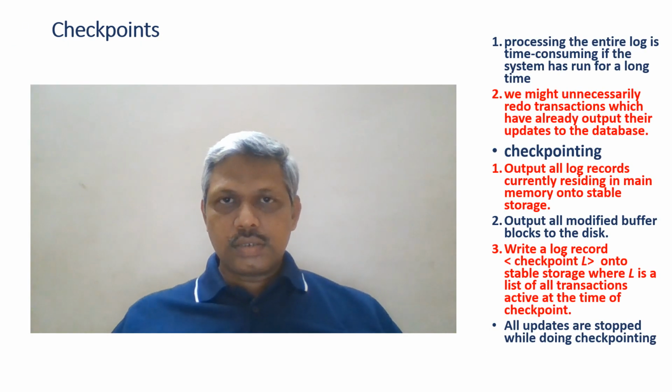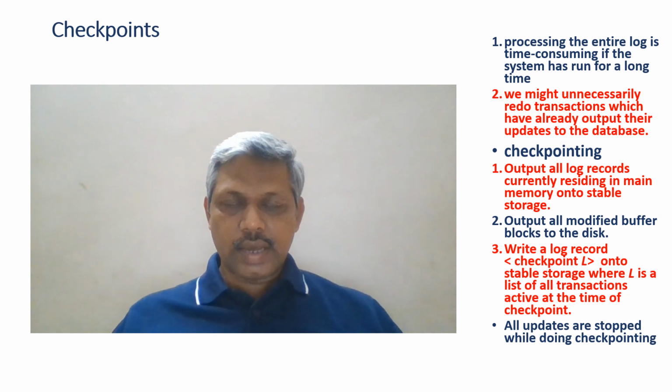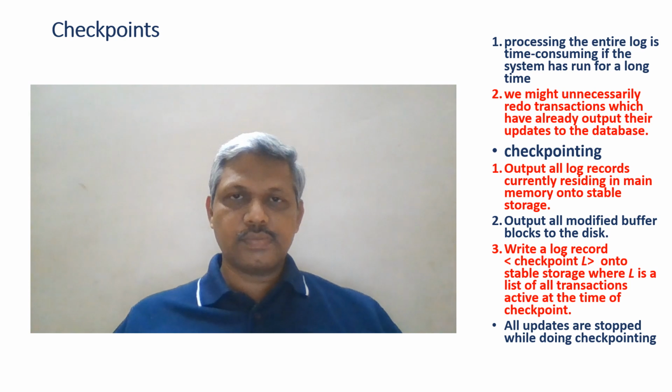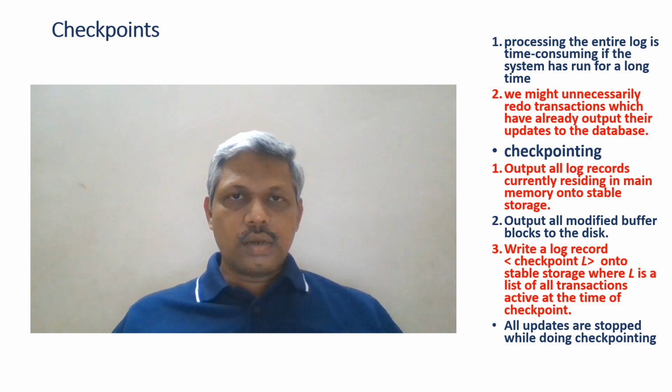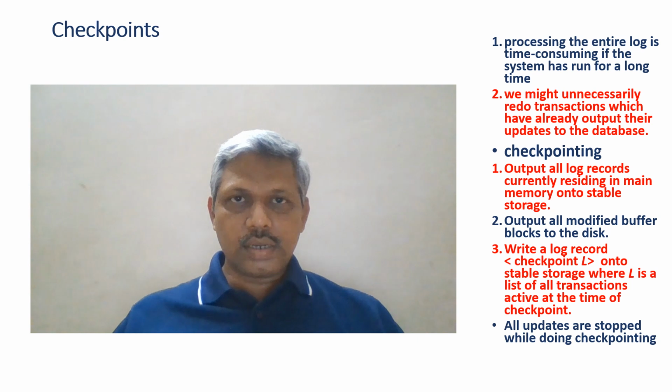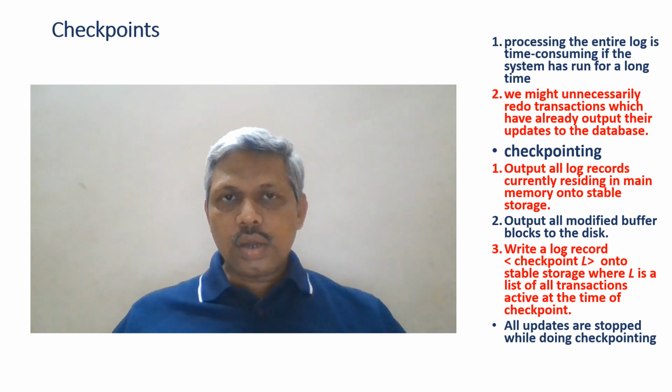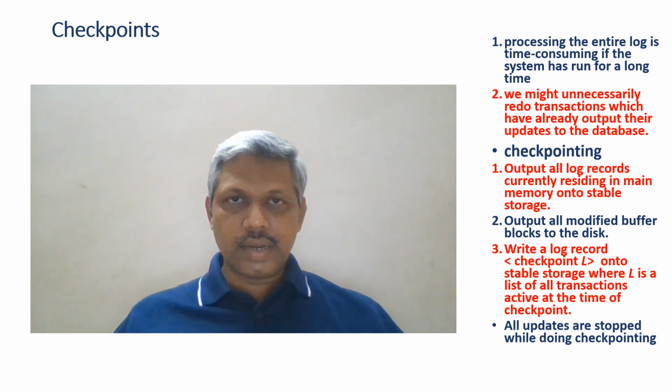So in the last slides, we have observed how to redo and undo the actions of the transactions at the time of a crash. Based on the log records, we can undo and redo the actions. Now the point is, if there is a crash, starting from the latest log record, to which log record do we have to proceed and scan the actions on the database?